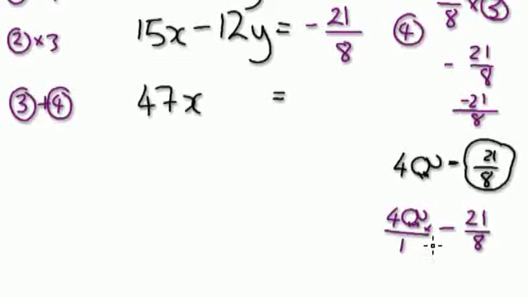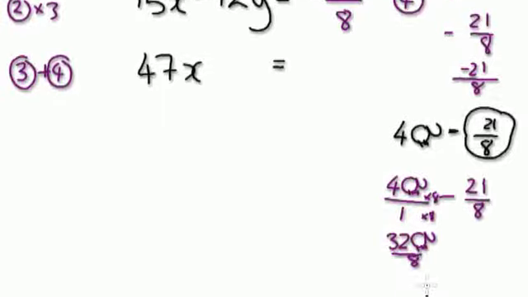Now times top and bottom here by 8. So you're going to have 32 elephants over 8, and then here you're going to have 21 over 8. The two denominators are the same, so let's just merge.